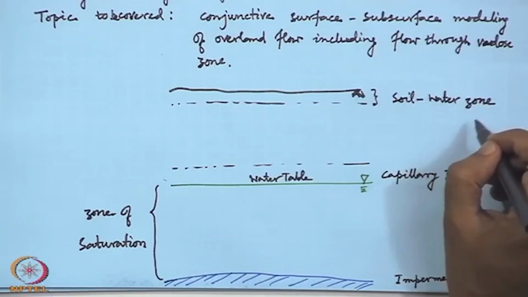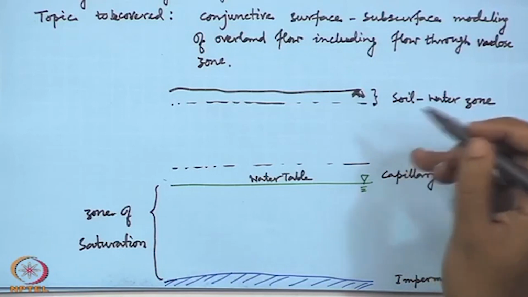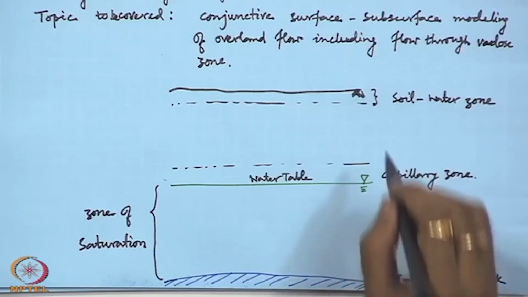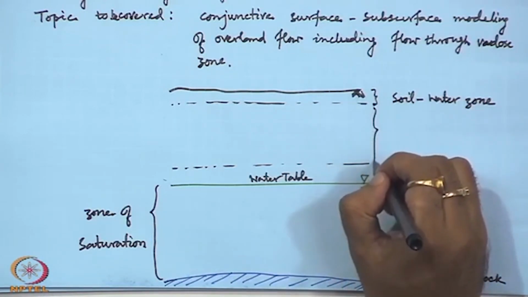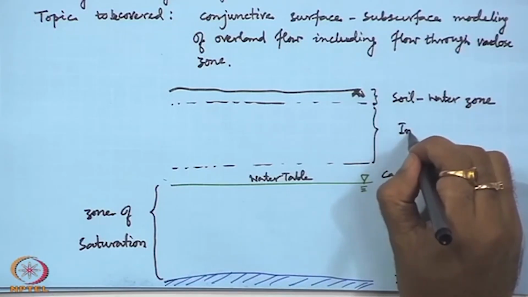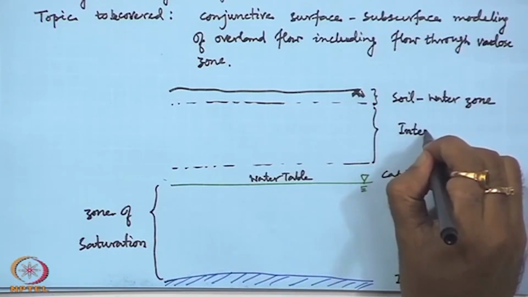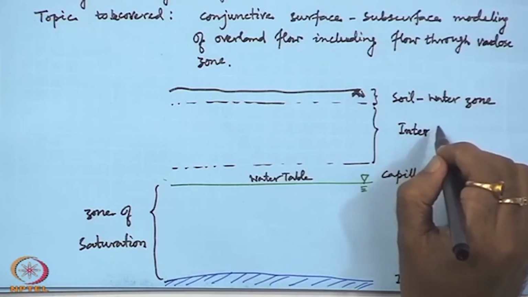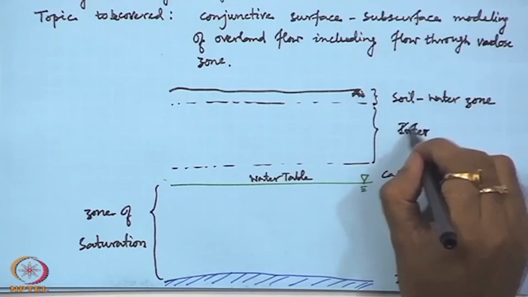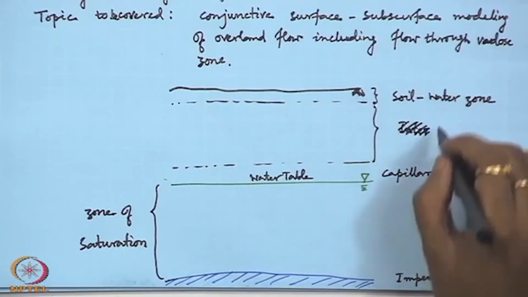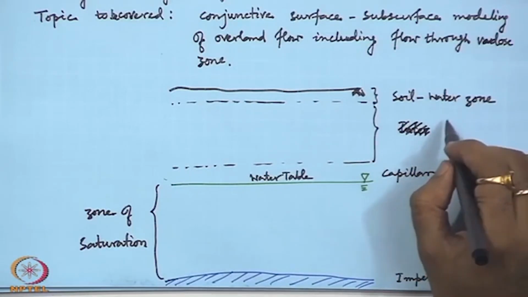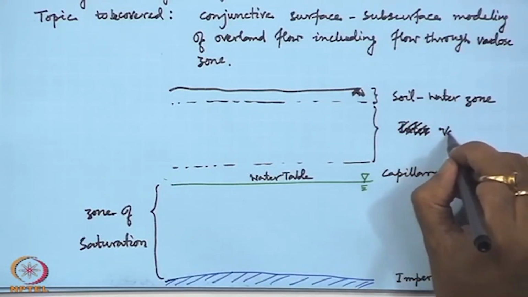This is important for plants, and in between we have intermediate zone or vadose zone.